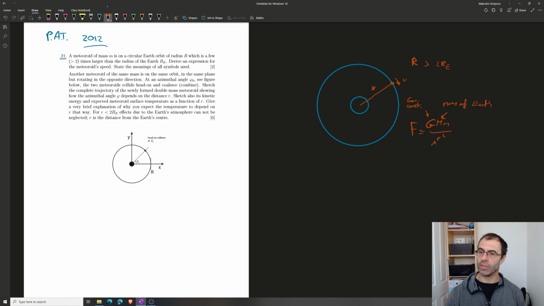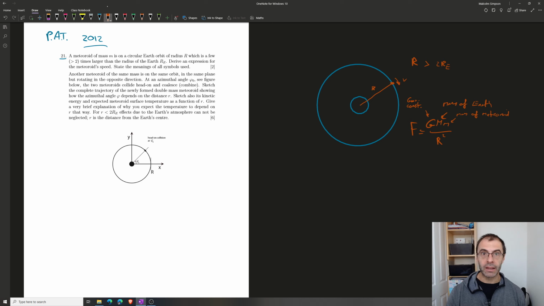R is the radius of the orbit. Actually, I can just in this case use capital R because we're given that. Small m is the mass of the meteoroid, sorry. It's only a meteor when it actually hits the planet, isn't it? Once it's in the atmosphere, it's a meteor.